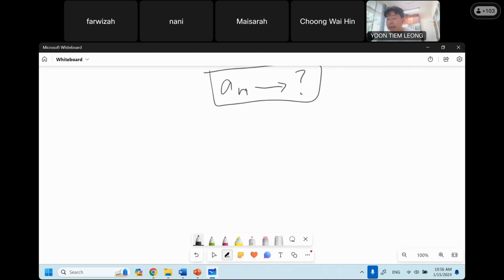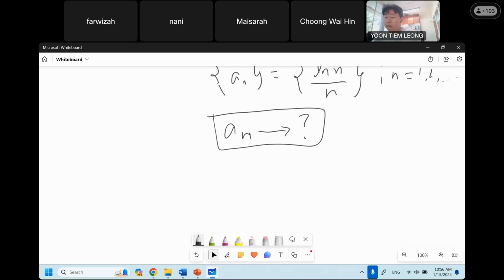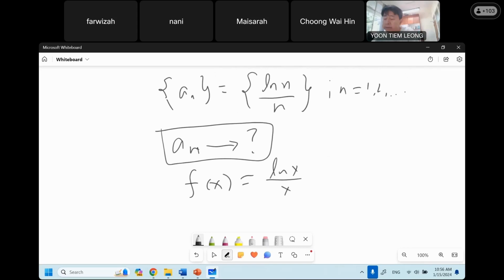According to theorem 4 that we have just explained, you can create a continuous function expressed as ln x over x. Here it is simply replacing n by x, and you call this function f(x).